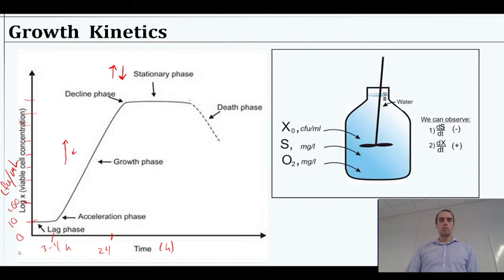Eventually, they consume enough food to the point where their death is outpacing the growth. Of course, bacteria are little cannibals, so they're going to eat their neighboring dead cells and make use of whatever they can. So there's still going to be some food for them, some growth. But on the whole, the total viable number, that's the log, the y-axis here is the log of the viable concentration, there's still going to be quite a lot of them.